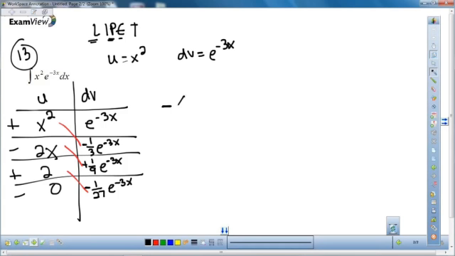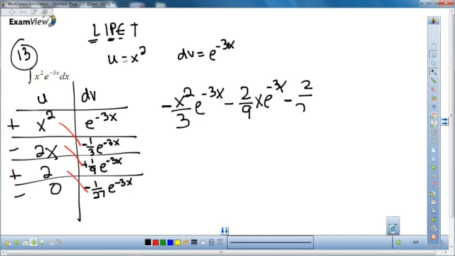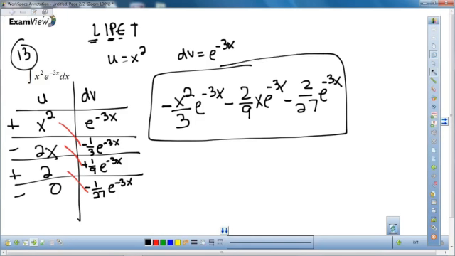So we have negative x squared over 3 e to the negative 3x, minus 2 over 9 x e to the negative 3x, and then minus 2 over 27 e to the negative 3x. Oh, and we forgot one thing. We need to put a plus c.